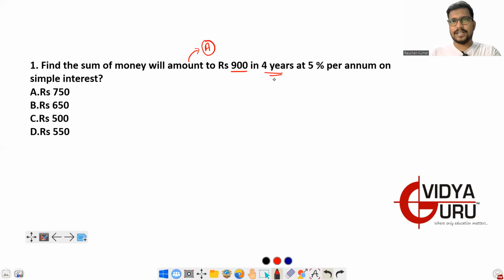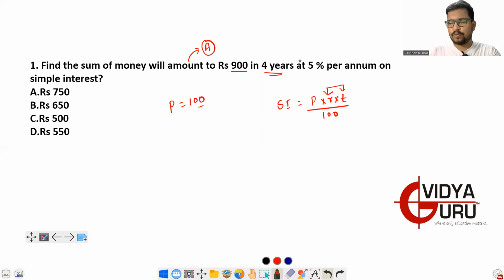So we have 4 years and 5% per annum. The formula of SI is P into R into T upon 100. I'm just multiplying these two, R and T. Let's take the principal as 100 rupees.